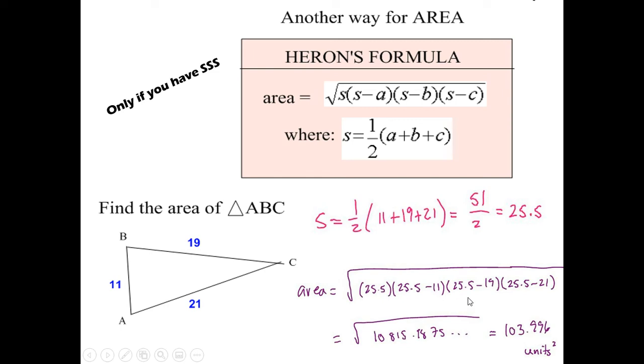And if I calculate that correctly on my calculator, it comes out to be approximately the square root of 10,815 and point something. And if I take the square root of that, it comes out to be approximately 104 square units. So that's another way to find the area of a triangle.